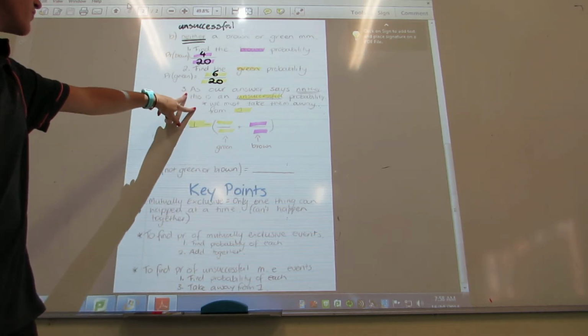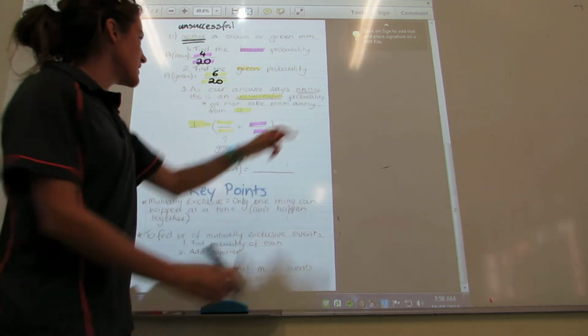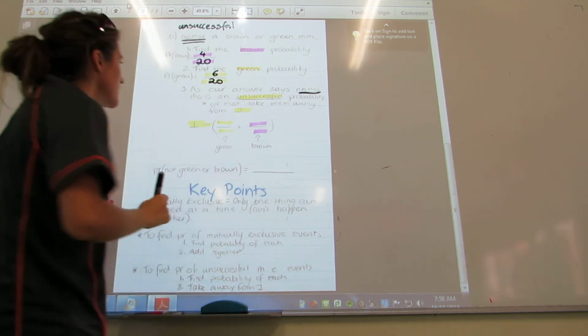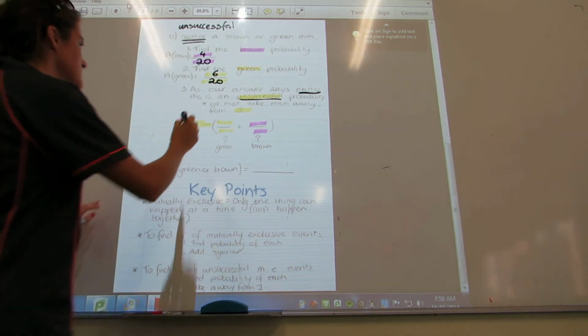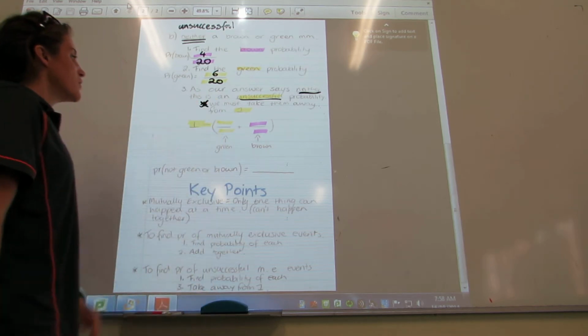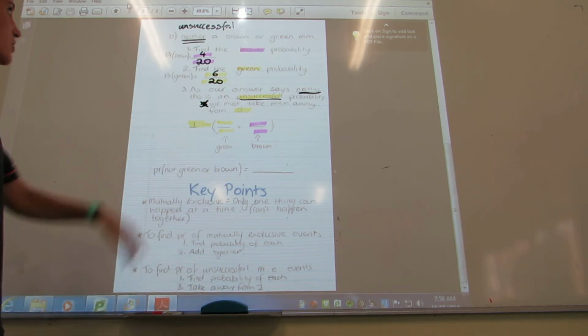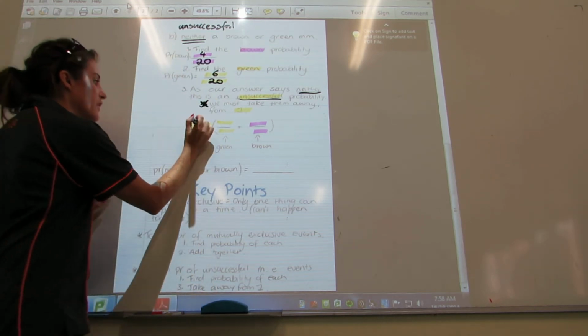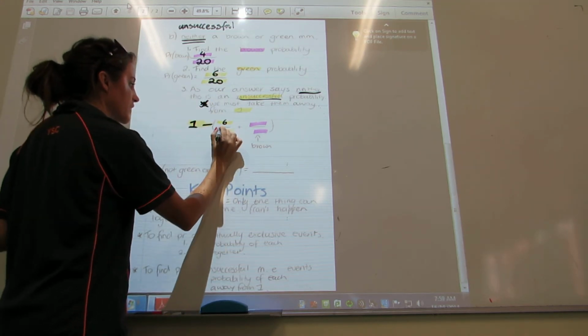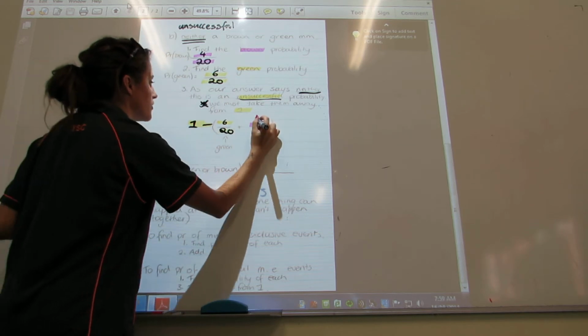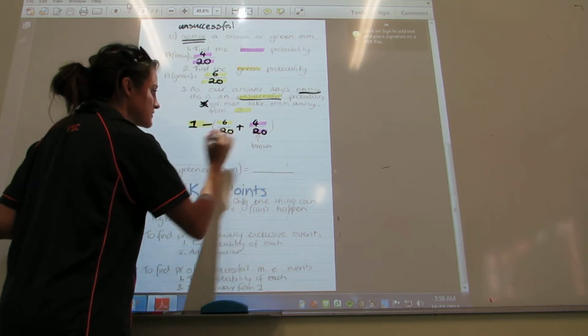Now that's what I was saying before. As our answer says, neither, this is an unsuccessful probability, so we must take them away from 1. So we've got our 1 take away, let's put our probabilities in. Probability of green, 6 over 20, probability of brown, 4 over 20, that's a plus in the middle.